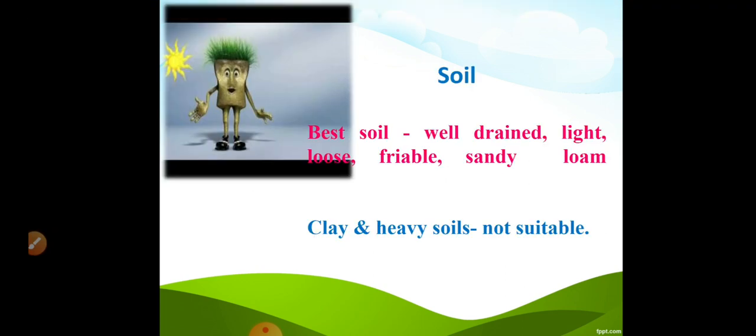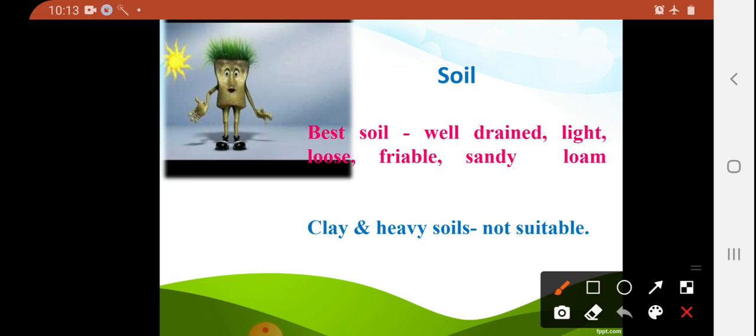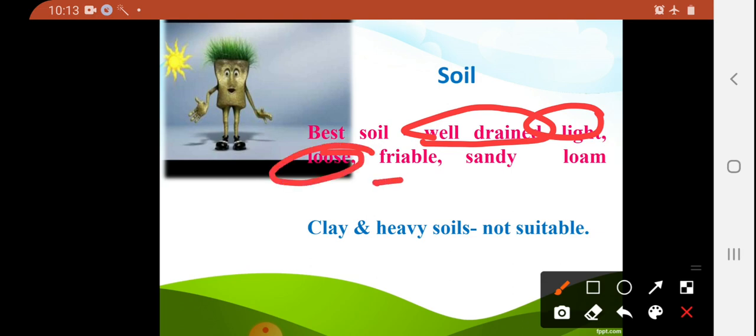Next, here you can see soil requirement. See, the best soils for this crop are well drained soils, light soils, loose soils, friable soils. These kinds of soils are best for cultivation of this crop. Yes, we can cultivate this crop on a variety of soils, but these soils give us better yield.